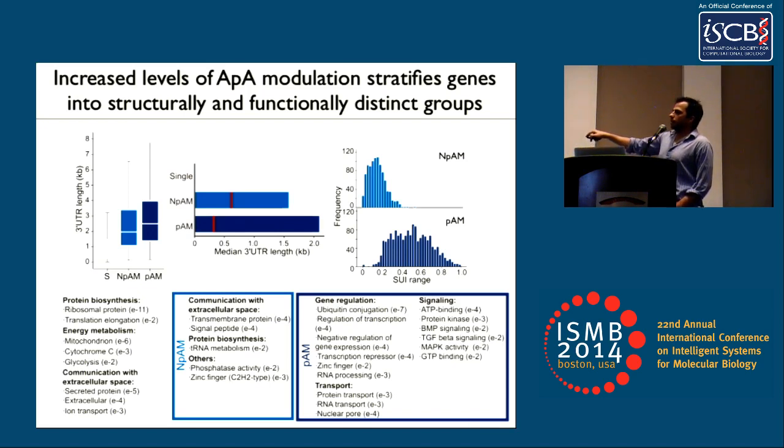The genes that are multi-isoform and are in our PAM class, so they exhibit regulation by APA, whereas these don't, these genes have, on average, a proximal cleavage site that is a lot shorter or closer to the coding region than these multi-isoform genes, which don't appear to be regulated by APA. This just recapitulates the same thing. So the variability over the proximal cleavage site of the same gene across our 7 tissues is much larger in these PAM genes than NPAM genes.